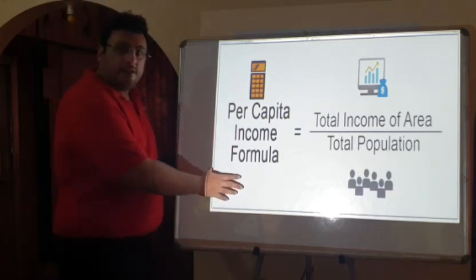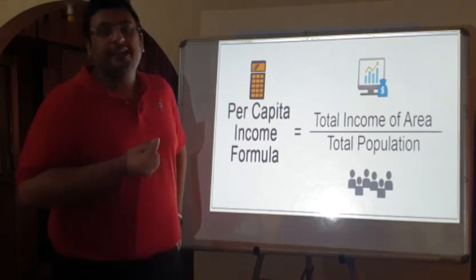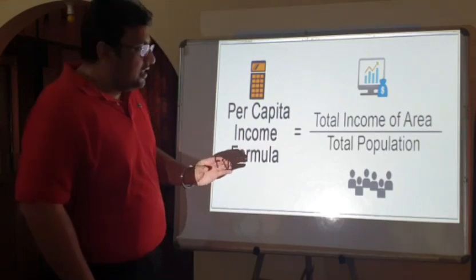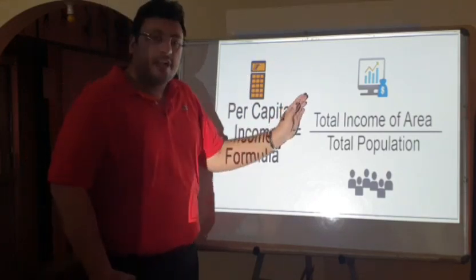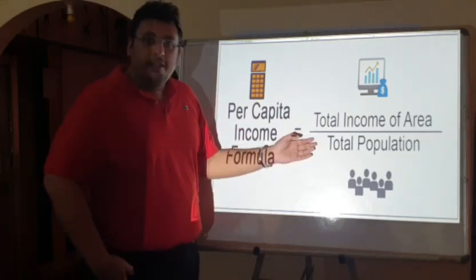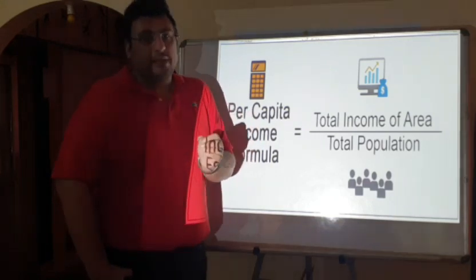So per capita income is the individual income of that state or of that country. How is it calculated? We take the total income of the country or state and divide it by the total population of that particular state or country.